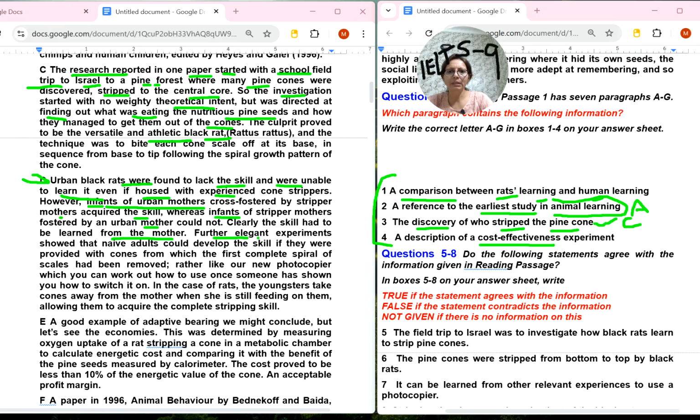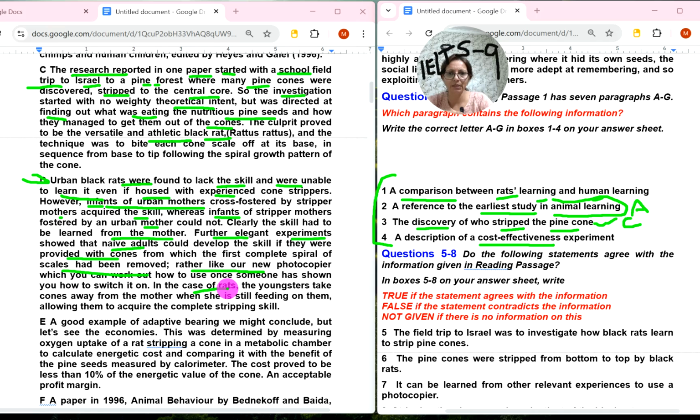Okay. Further elegant experiments showed that naive adults could develop the skill if they were provided with cones from which the first complete spiral of scales had been removed. Rather like our new photocopier, which you can work out how to use once someone has shown you how to switch it on.